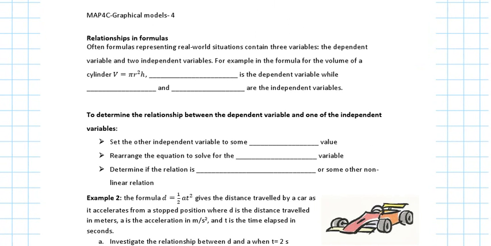The dependent is the V, because the V depends on the height and the radius, right? So the volume is always going to depend on what radius and what height you have. The volume is the dependent variable, while the radius and the height are independent.